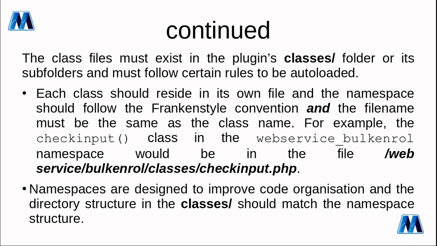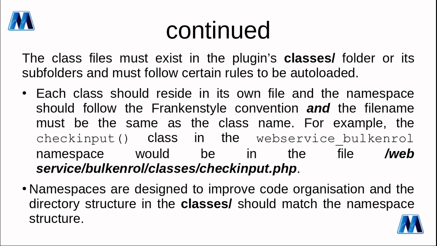Now that's a slight change from how it used to be. Before, the class name had to follow the Frankenstyle convention. I'm not quite sure what the namespace one was, but I think Frankenstyle for the namespace, Frankenstyle for the class name. But now the file name and the class name simply need to be the same.